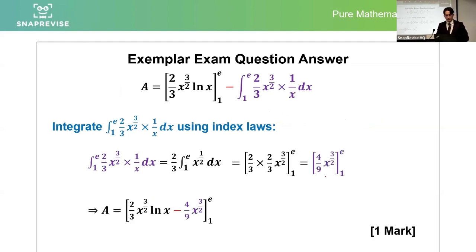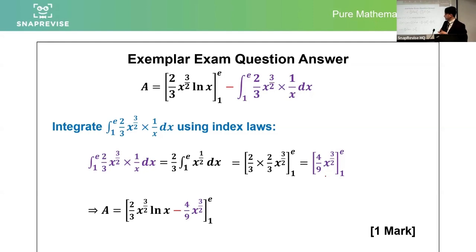We're going to get, and I've just skipped ahead to this part here. Don't worry about the bounds too much. 2/3 x to the 3 over 2 ln x minus the integral of 2/3 x to the 3 over 2 times 1 over x. That will tidy up to the integral of 2/3 x to the half.